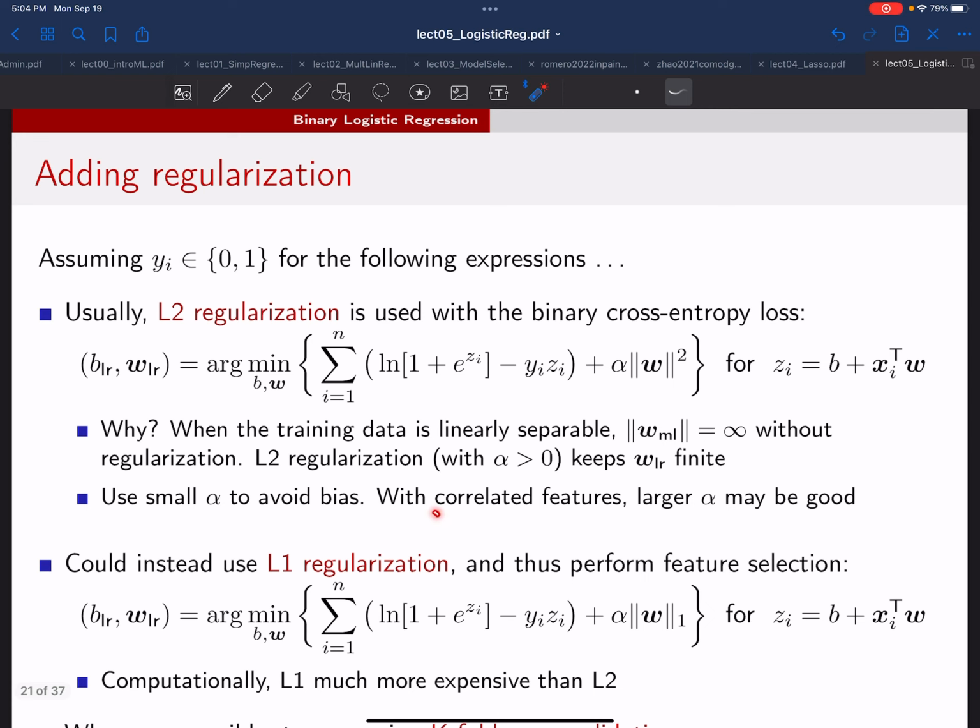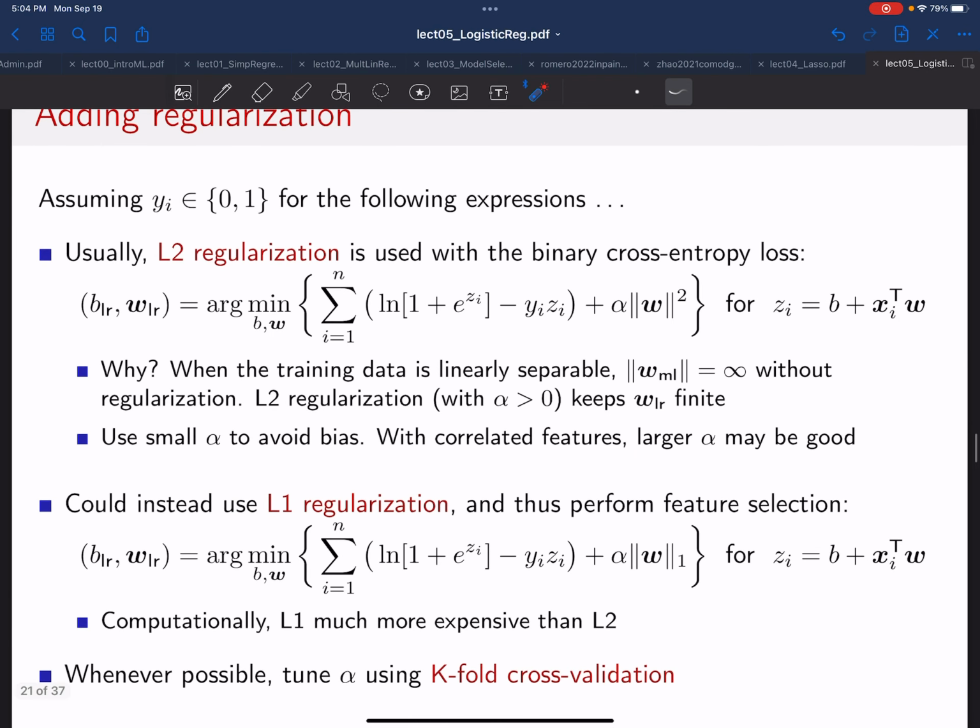Or if you know that your features are correlated, and ridge regression is good for dealing with correlation, it works in this case too, and you might want to use a larger value of alpha. In general, if you have the ability to do so computationally, you want to tune your alpha using k-fold cross-validation. That's the right way to find the best choice of alpha. If you don't have time and you don't want to worry about correlation, just choose a really small value of alpha.